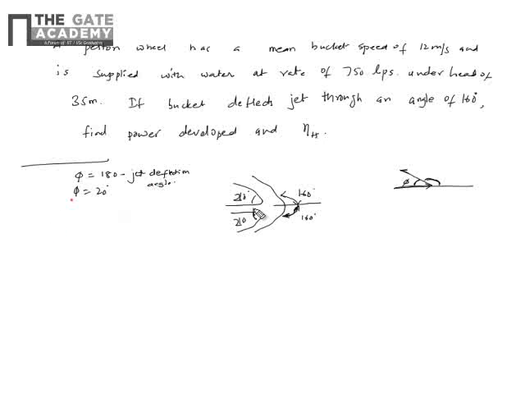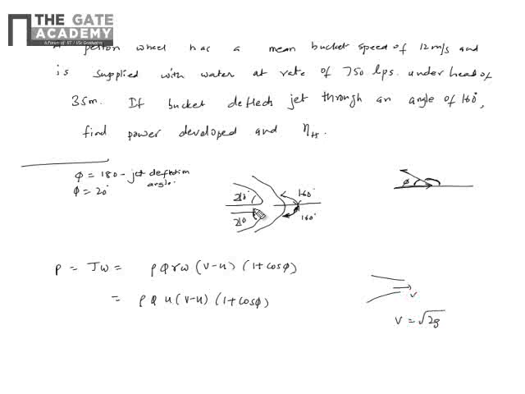So the power delivered is T omega, and we got an expression for that. If you refer back, it is rho q u (v minus u)(1 plus cos phi). How do we get v? V is the velocity that comes out of the nozzle, and that is root 2 gh. Head is available.